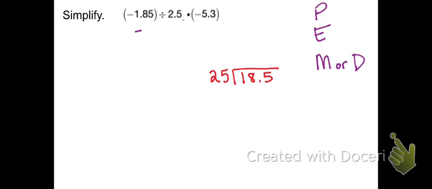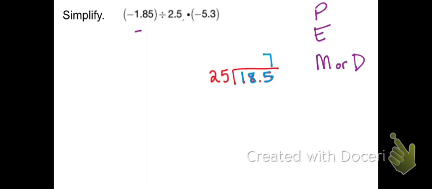First, 25, does that go into 1? No. Does 25 go into 18? No, it's too big. Does 25 go into 185? Yes. How many 25s? Well, there's 4 25s in 100, 3 25s in 75, so that would be 7 25s. 7 25s is 175.